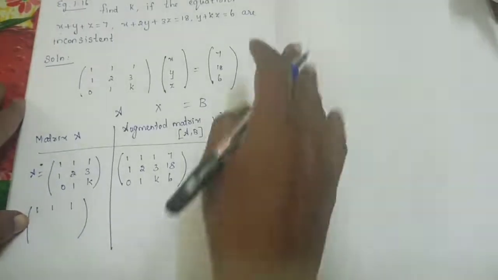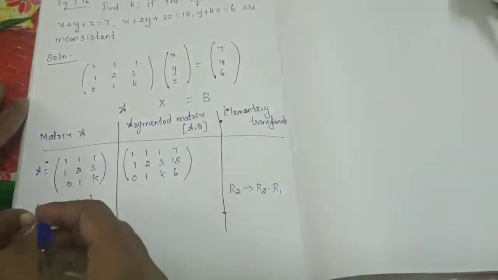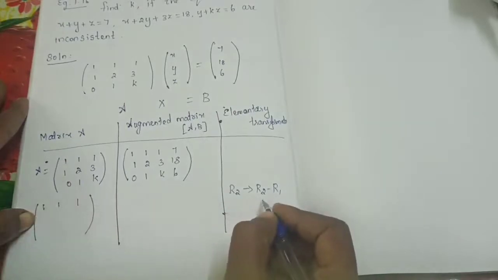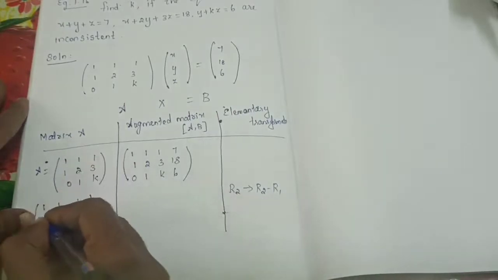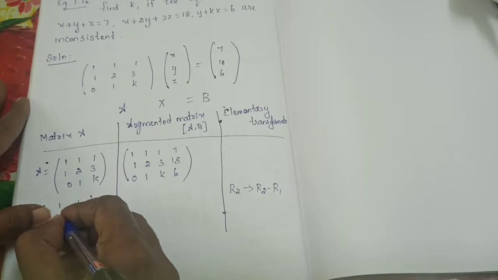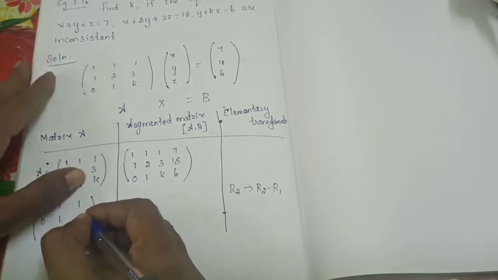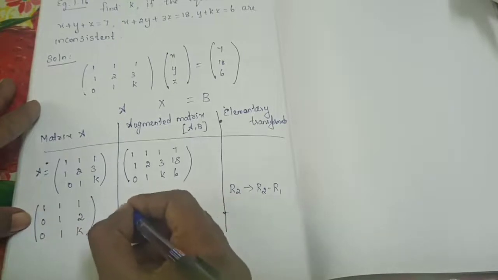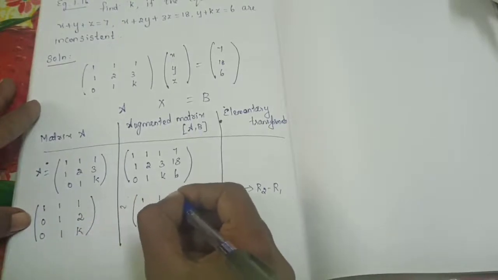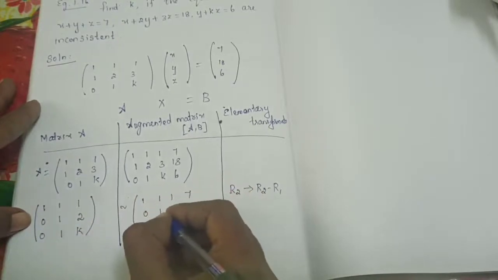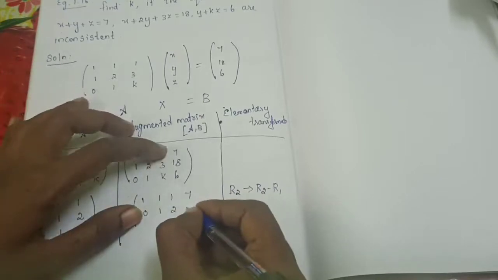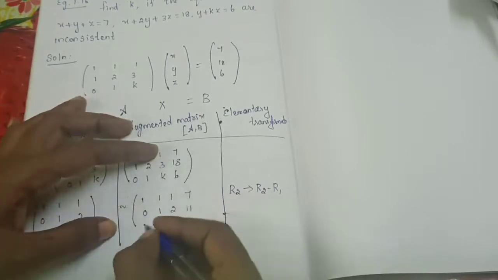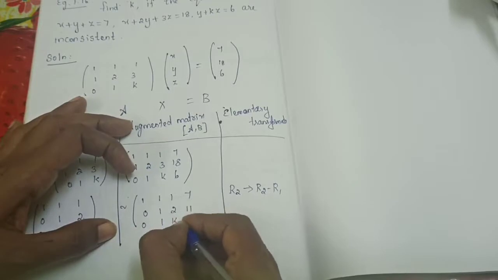We have already done more than 10 such problems. R2 minus R1: 1 minus 1 is 0, 2 minus 1 is 1, 3 minus 1 is 2, and 18 minus 7 is 11. The next row is written as it is: 0, 1, k, 6.